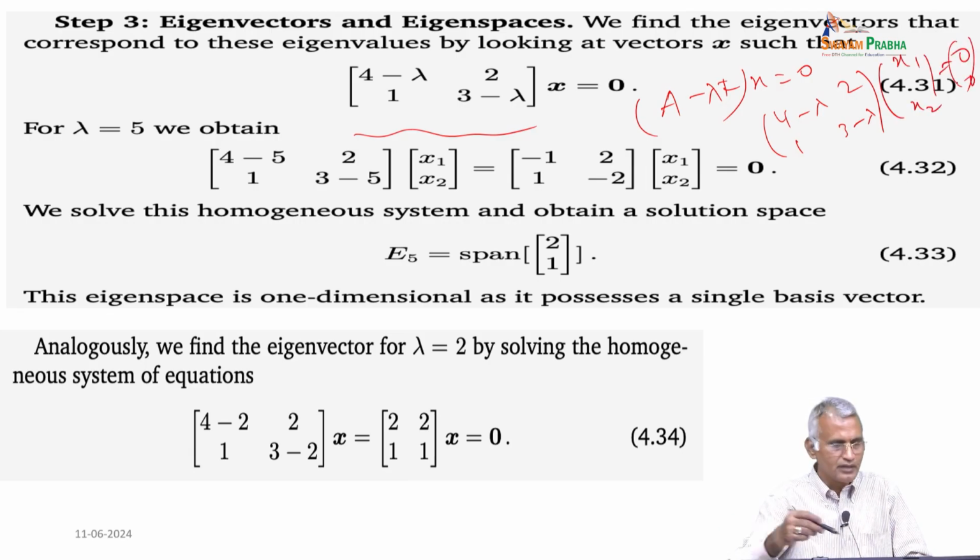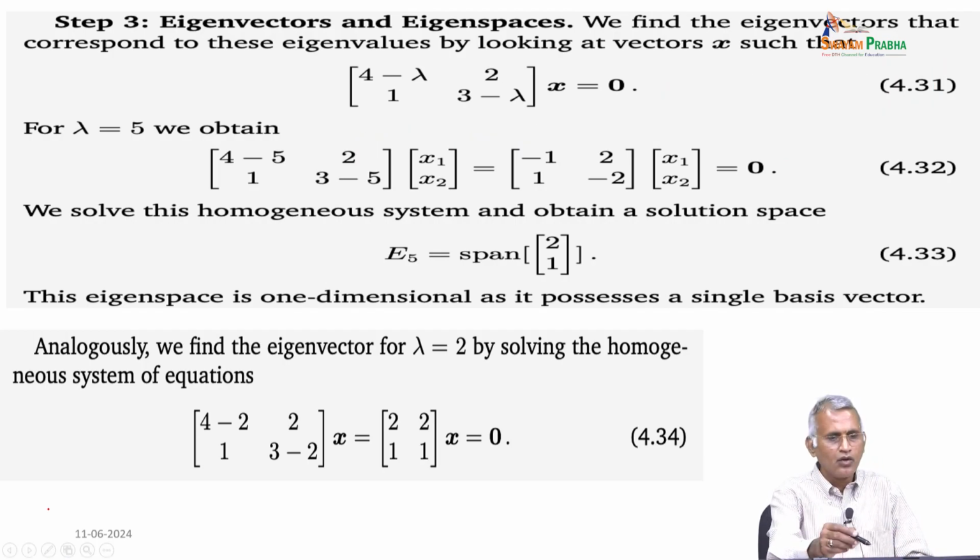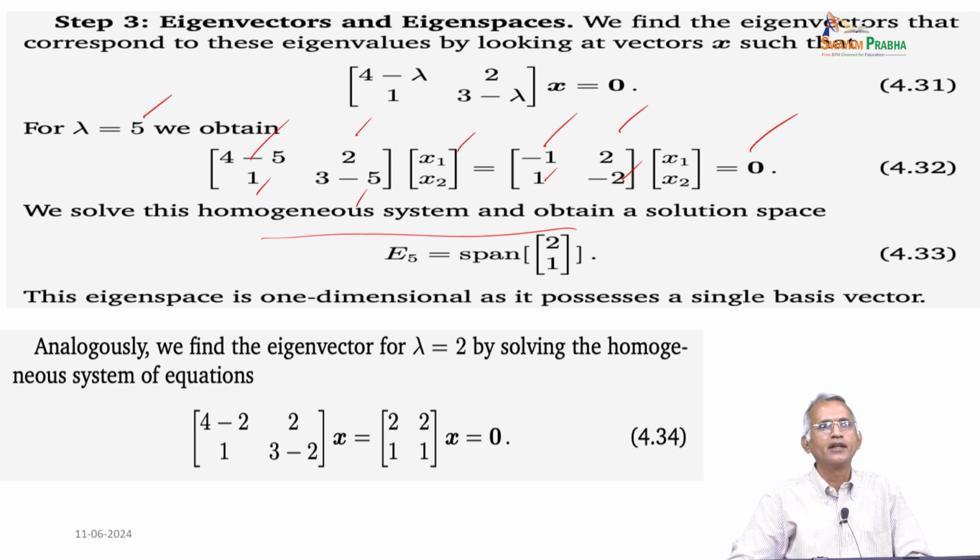Now, you have to put lambda equal to 5; two values we got, first we take lambda equal to 5. So, [4 minus 5, 2; 1, 3 minus 5] into [x1, x2]. 4 minus 5 is minus 1, so [minus 1, 2; 1, minus 2] into [x1, x2] equal to 0. Therefore, we solve the homogeneous system to obtain the solution space E5: minus x1 plus 2x2 equal to 0, and another, x1 minus 2x2 equal to 0. So, this implies x1 equal to 2x2.